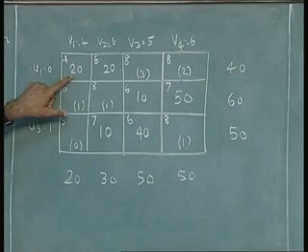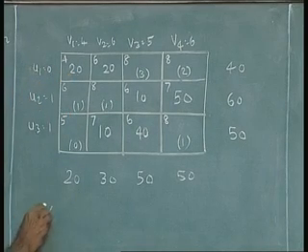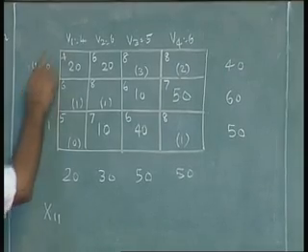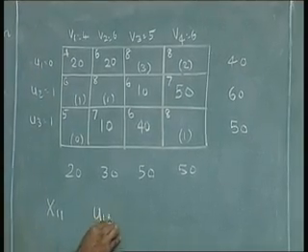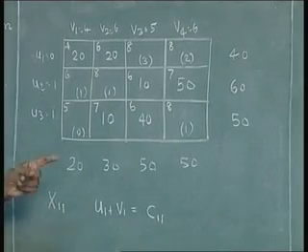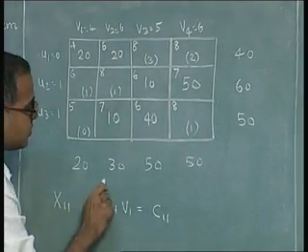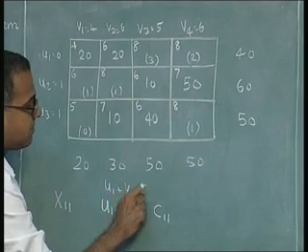For this, because x11 is basic, we make sure that u1 plus v1 is equal to C11. If we go back to the dual constraint, it is actually u1 plus v1 should be less than or equal to C11.